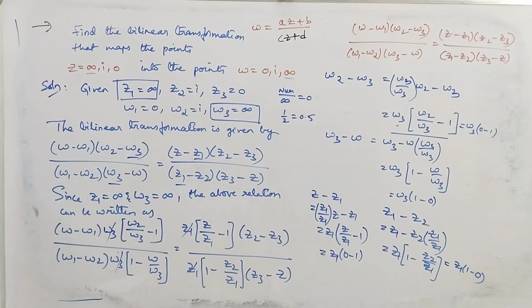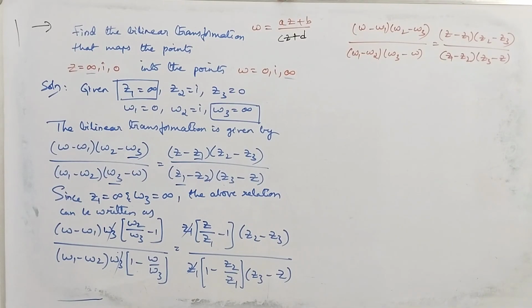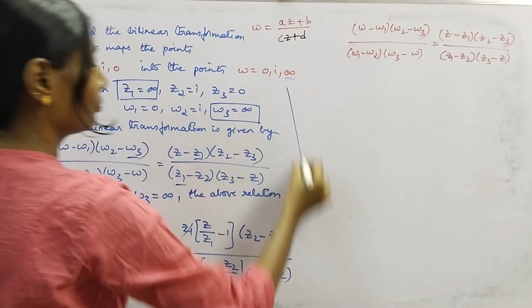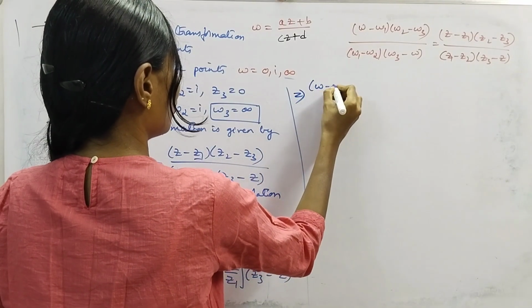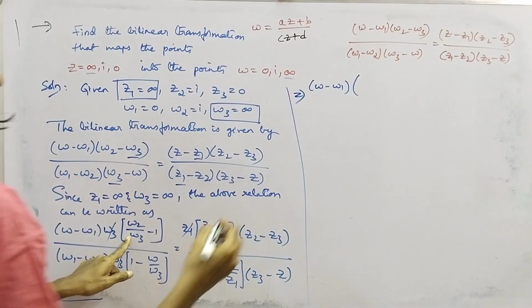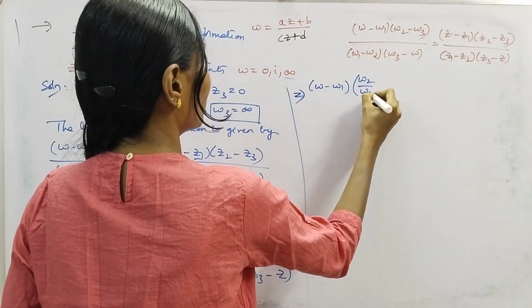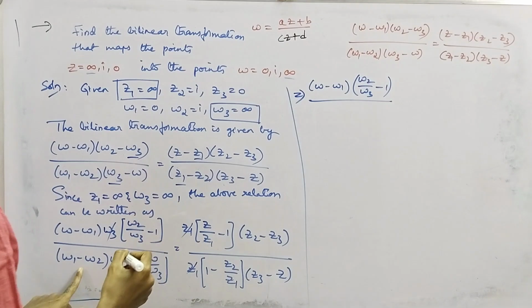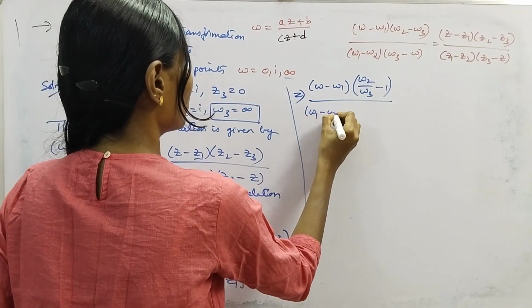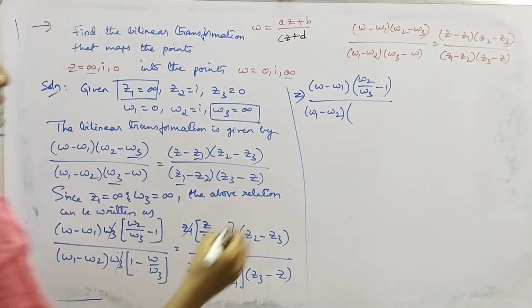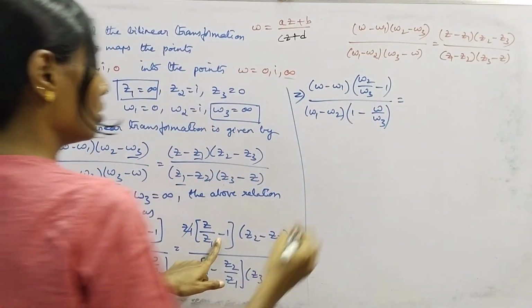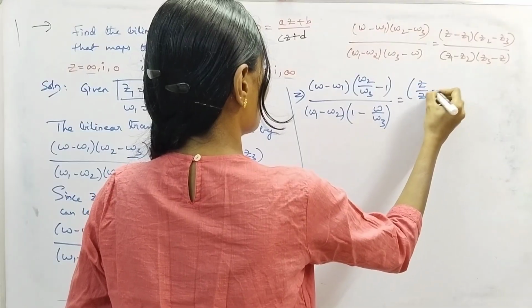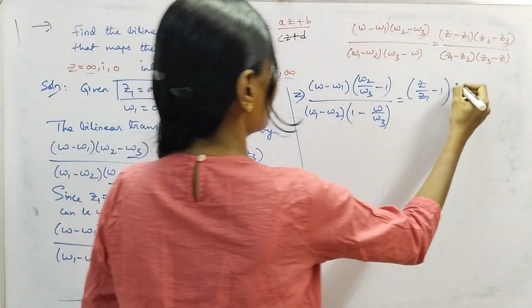Fine. Now this gives us (omega minus omega 1) into (omega 2 by omega 3 minus 1) by (omega 1 minus omega 2) into (1 minus omega by omega 3) equal to (z by z1 minus 1) into (z2 minus z3) by (1 minus z2 by z1) into (z3 minus z).